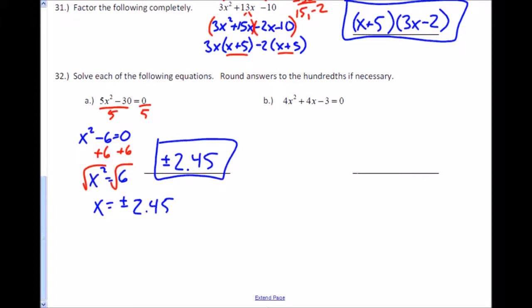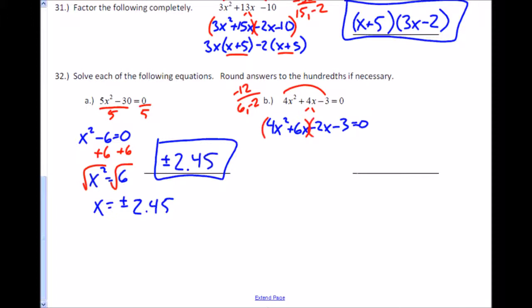For this next one, again, the first thing I try is factoring, so I build a bridge. That's a -12. Two numbers that multiply to -12 but add to +4 are 6 and -2. So since I can come up with those two numbers, it means I can solve this by factoring. So I'm going to split up the middle term and factor by grouping. So that's 4x squared plus 6x minus 2x minus 3. And now I factor by grouping.